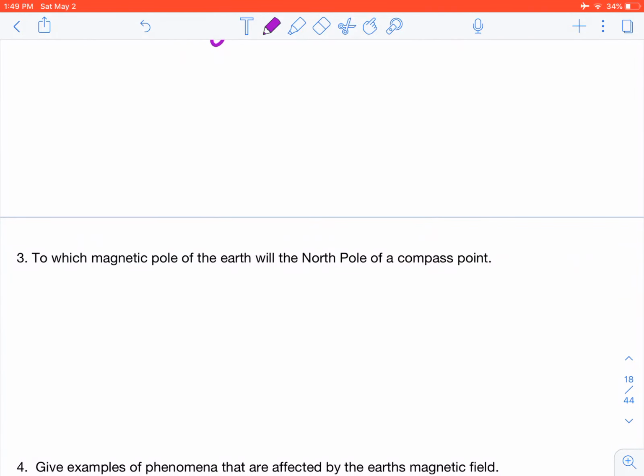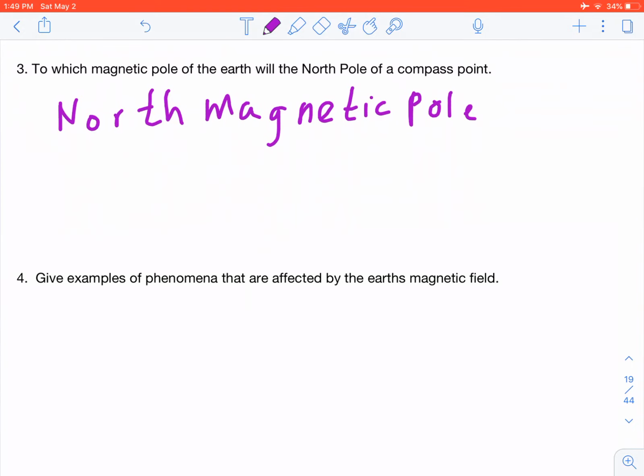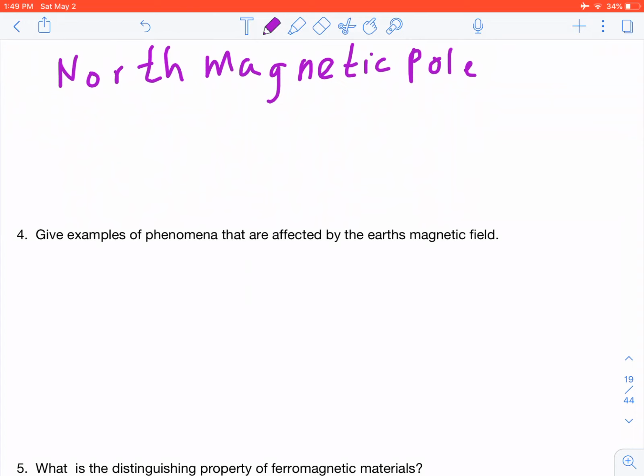Then which magnetic pole of the Earth will the north pole of a compass point to? The north magnetic pole. Now give an example of phenomena that are affected by the Earth's magnetic field.